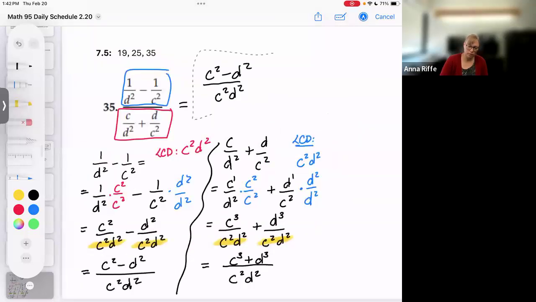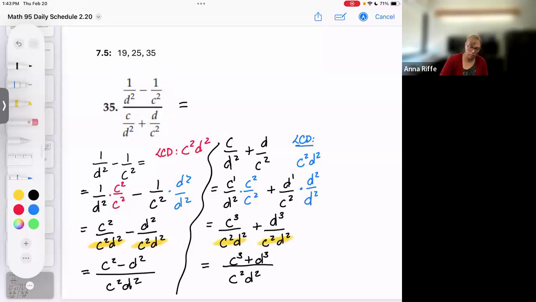So that is the denominator expression. Let me change my colors here just to be consistent. Didn't do a good job of being consistent with my colors. So this is the bottom.